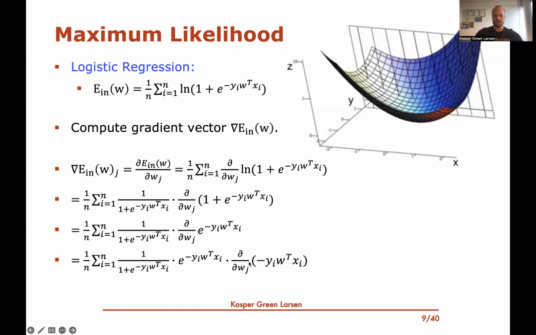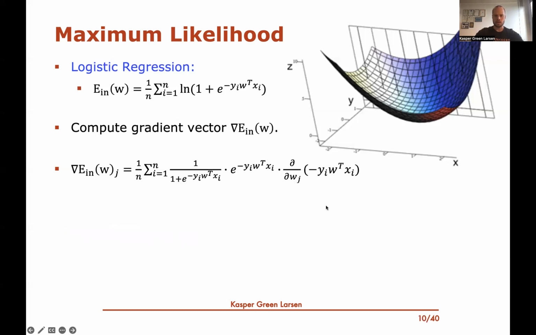So if we take the partial derivative with respect to wj, we only get the coefficient on wj, which is minus yi xij. Here I just moved it up, so it's the same expression as before. And if we take this partial derivative, as I mentioned, you get minus yi xij, because that's the coefficient on wj in this inner product up here.